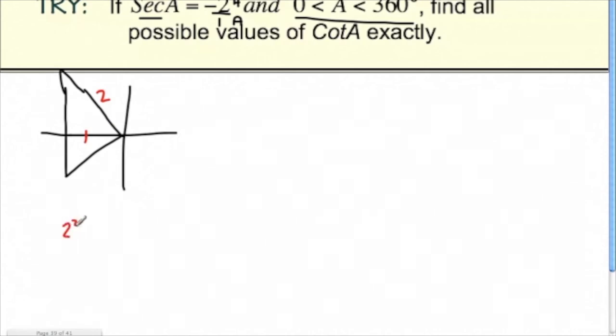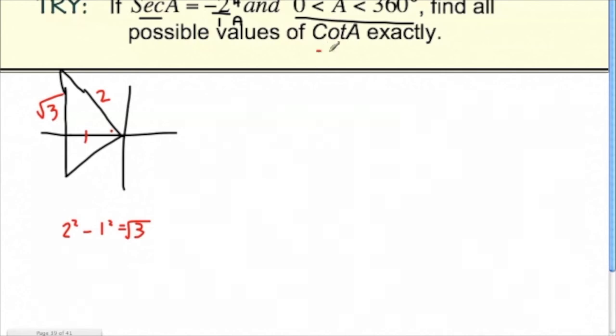2 squared, take away 1 squared, equals 3. And then, of course, we always square root at the end of Pythagoras. And there it is. We don't worry about that angle. We know what the angle is going to be. It's 60, but I'm asking for angles. Now we need to find cot.